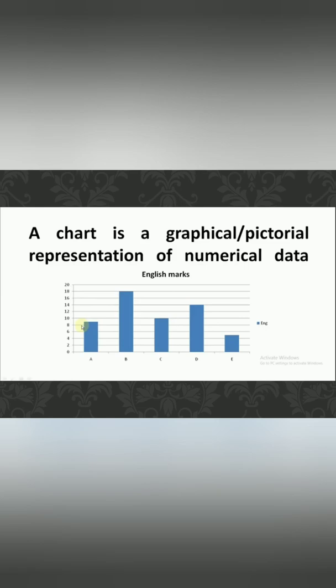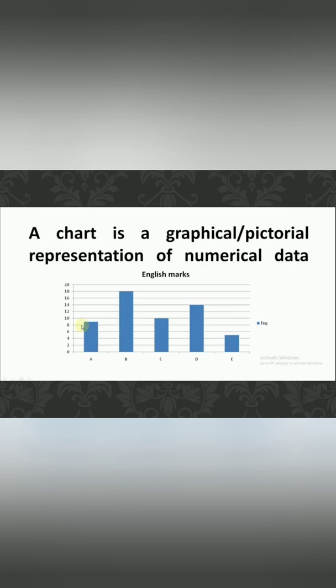Yes students, according to the definition, a chart is a graphical or pictorial representation of numerical data. See here in the picture. What is the numerical data here? Marks of English out of 20 is the numerical data. But here we do not get the actual marks value, but a value near to it.